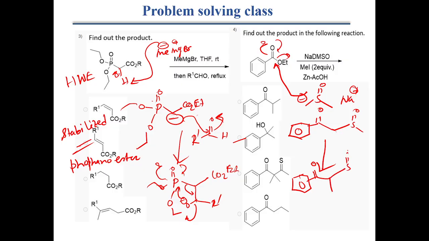This proton is also there, so this is also methylated. After treatment with zinc and acetic acid, it will form this negative zinc species, and this will accept a proton and give this product.